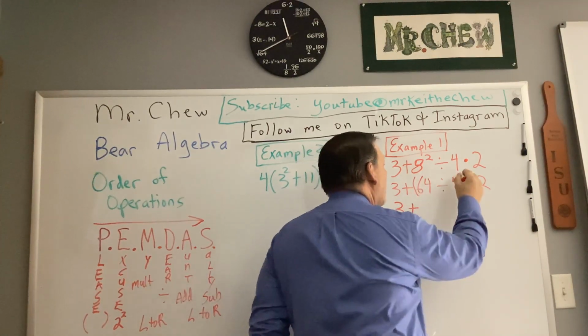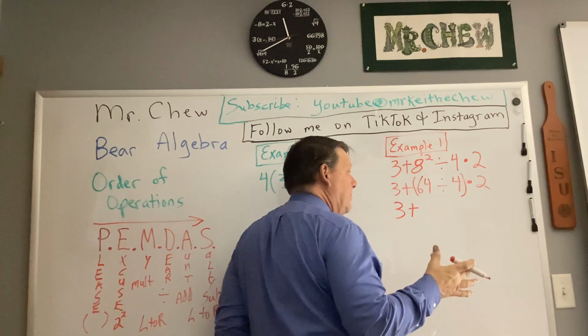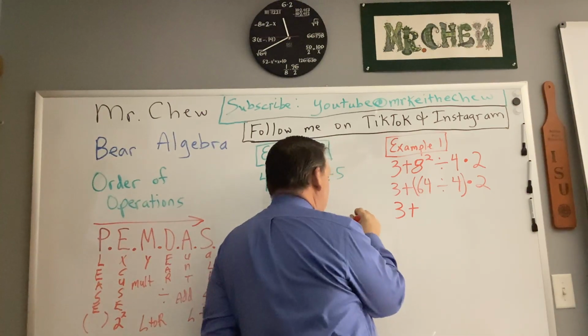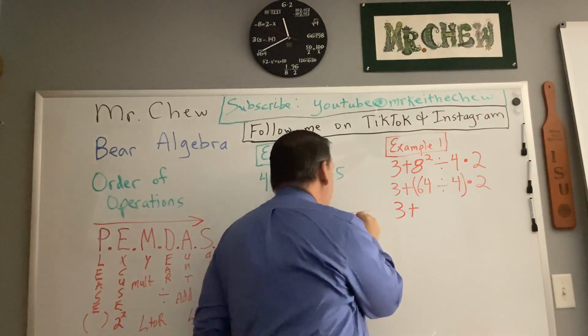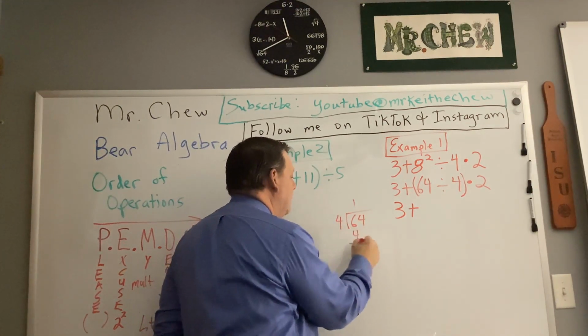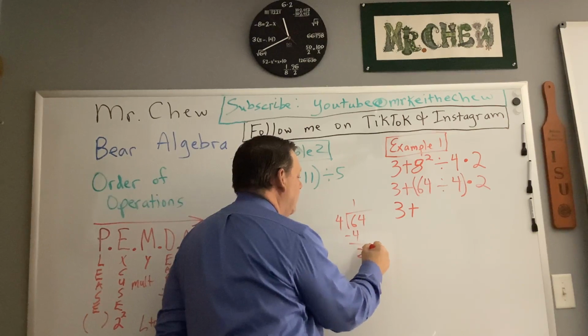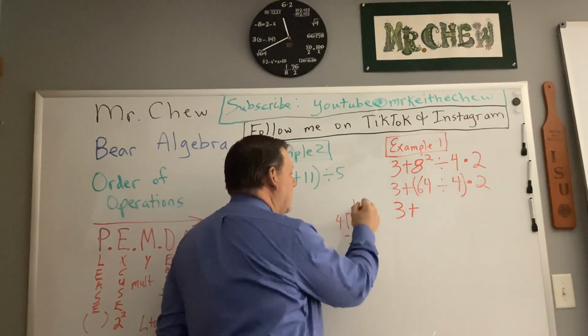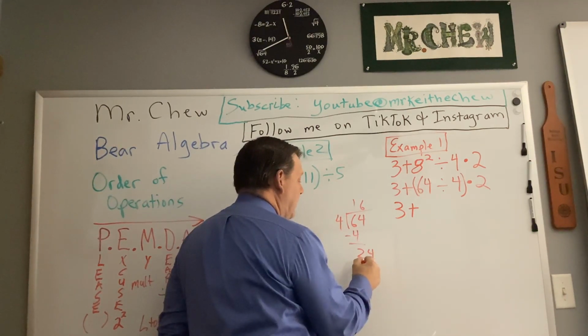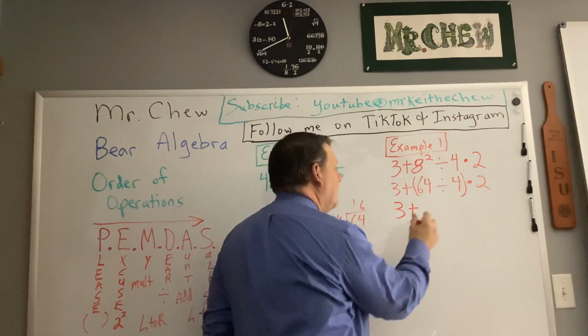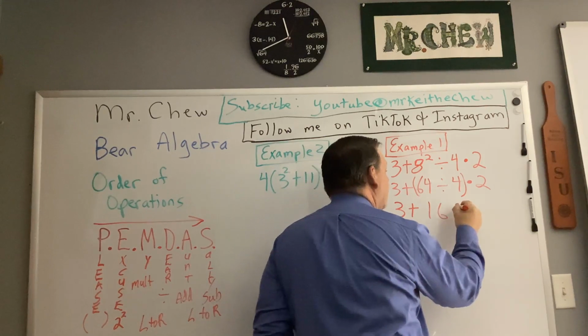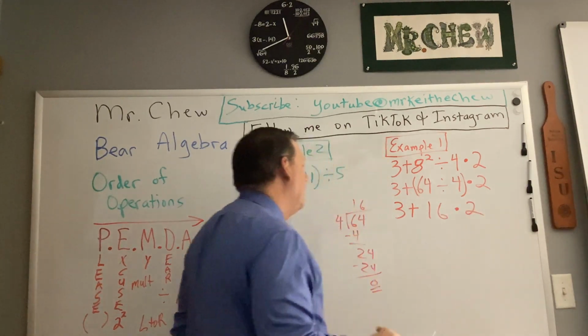So 64 divided by 4, because that's what I'm doing now. 64 divided by 4. 4 goes into the 6 one time. 4 goes into 24 6 times. The 0 means that there's no remainder, so that is 16 times 2.